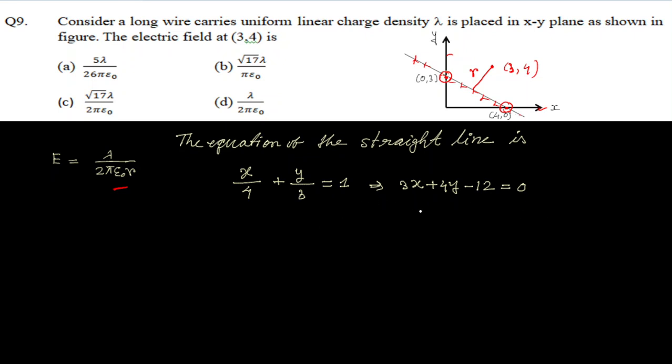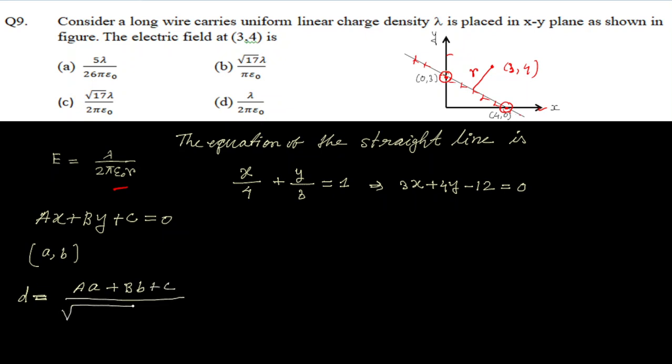Now if we want to calculate the perpendicular distance of the point (3, 4) from the straight line, we use a known formula. Let me write an arbitrary straight line, ax plus by plus c equals 0. If we want the perpendicular distance of the point (a, b) from this straight line, let me write that distance as d. We replace x and y by the coordinates of the point, so d is the modulus of A into small a plus B into small b plus C, divided by the square root of the sum of squares of the coefficients, A square plus B square.